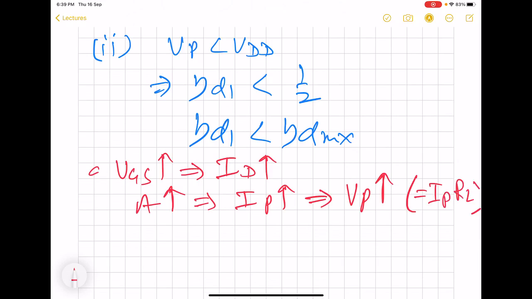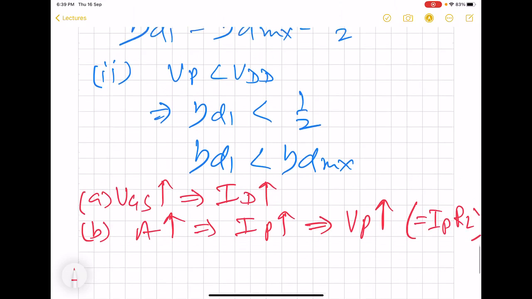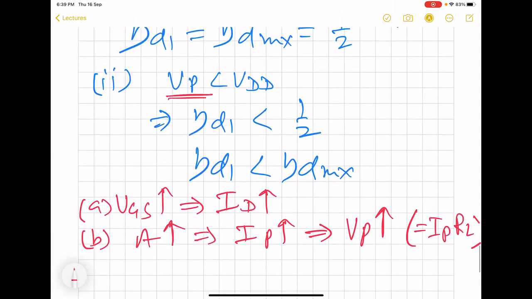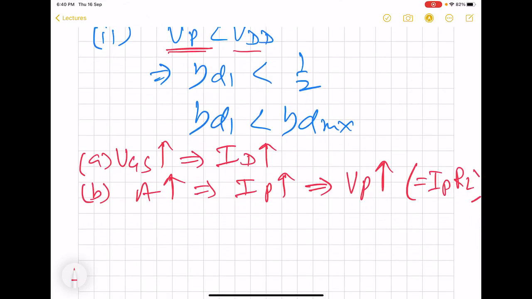So now we will have to make these two modifications so that this VP, which is less than VDD, finally becomes equal to VDD.